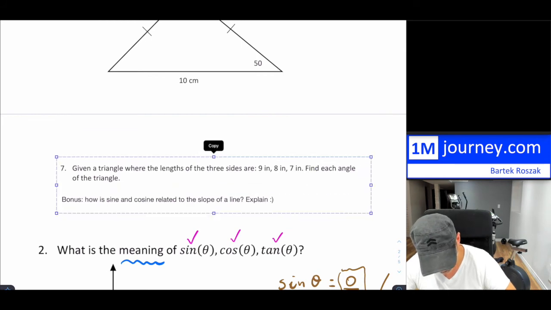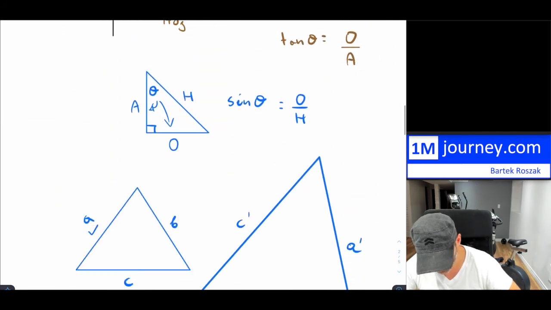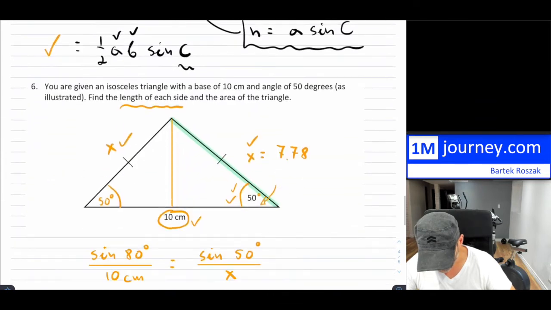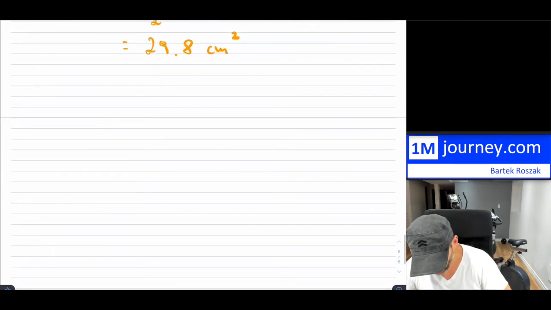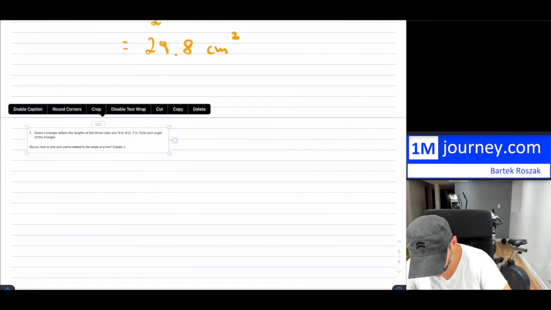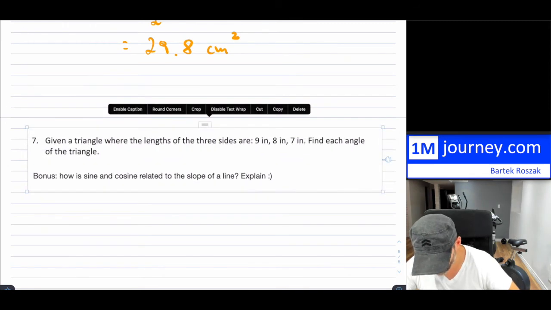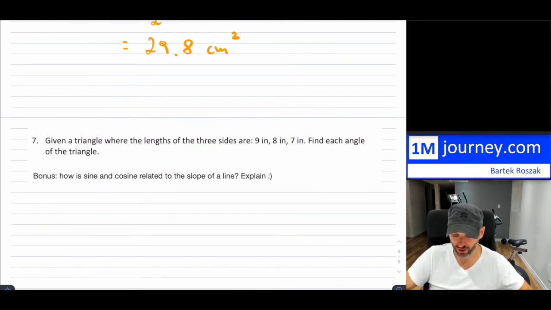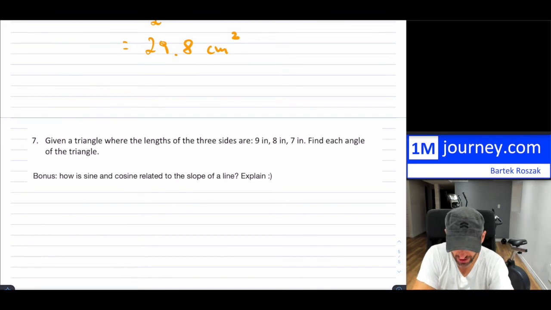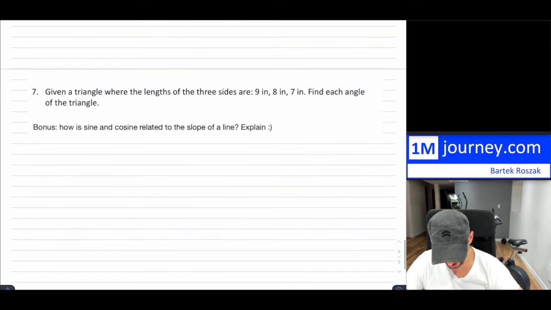Maybe I'll take this little bonus there and talk about that as well. Let me paste this in here. Given a triangle where the lengths of the 3 sides are 9 inches, 8 inches, and 7 inches, find each angle of the triangle.